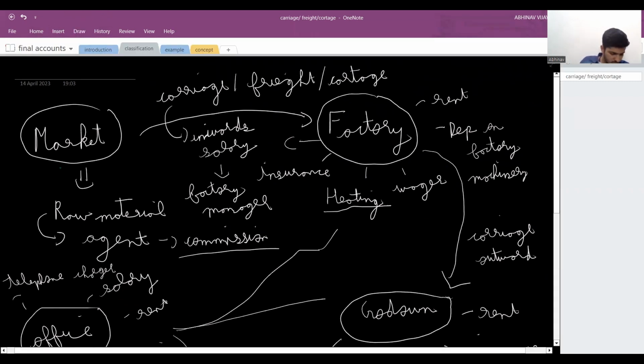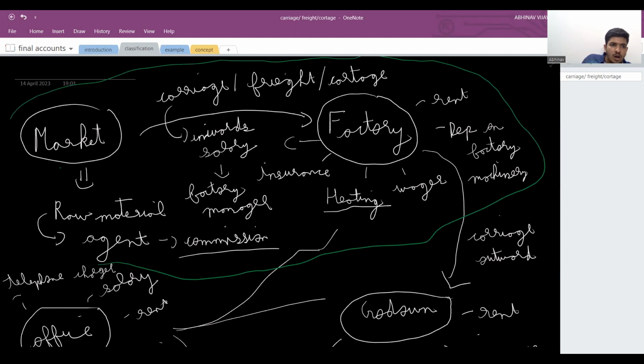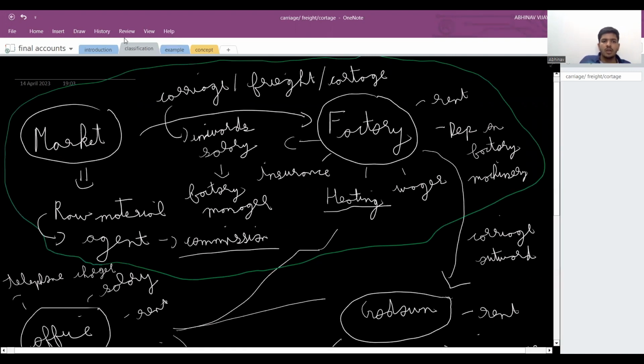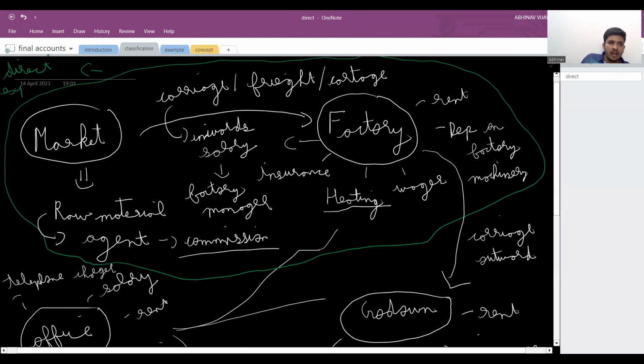Because every single expense, right from the market to your factory, is clearly called direct expenses.